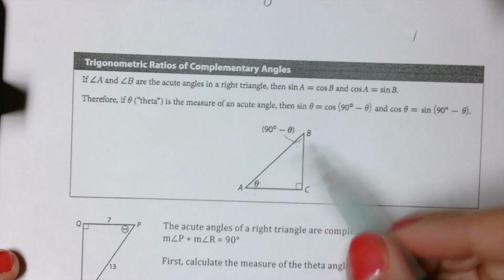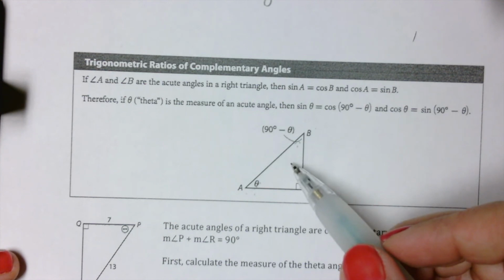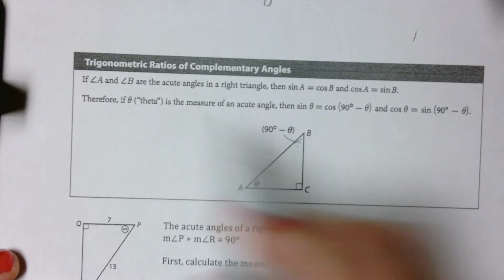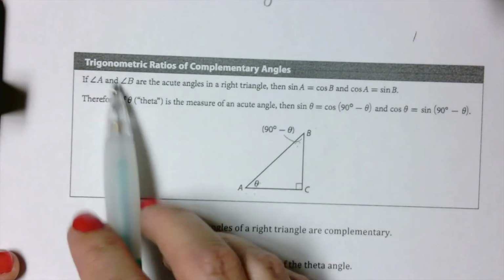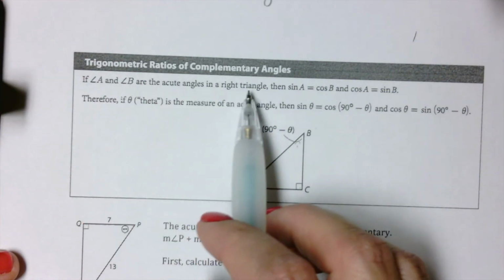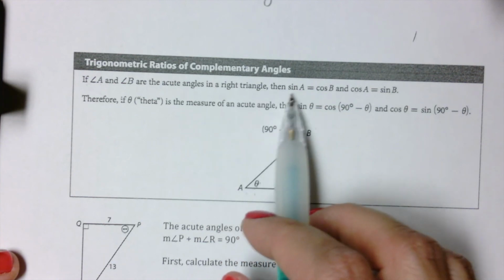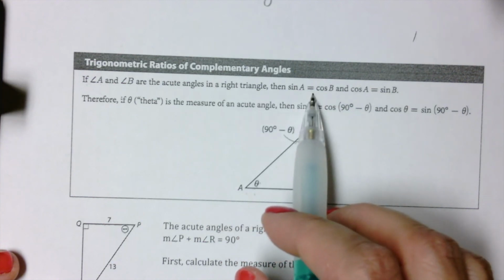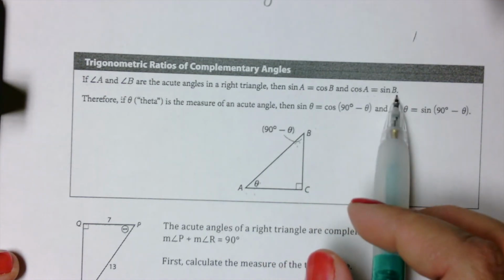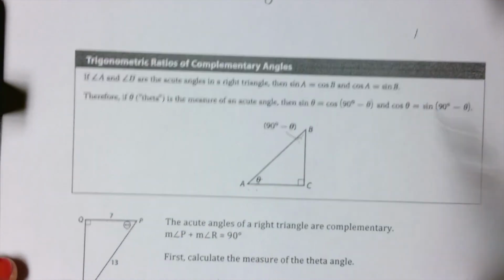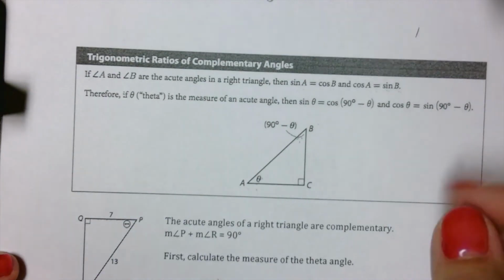So there is a special relationship between those two, and it's just called the trigonometric ratios of complementary angles. It says if angle A and angle B are acute angles in a right triangle, then the sine of angle A equals the cosine of angle B, and the cosine of A equals the sine of B. They're just opposites of one another.